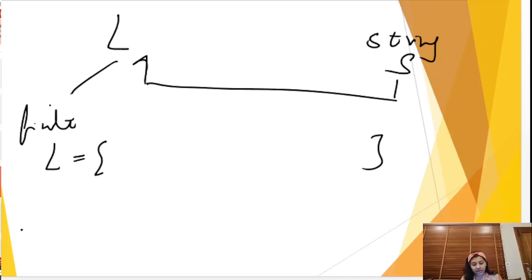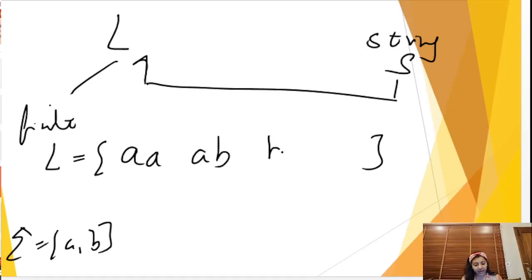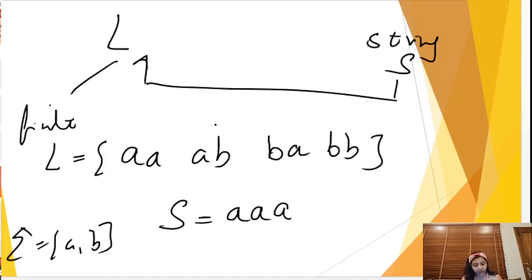Suppose we take the alphabet as A, B. If I have to write the language of all strings of length 2 over this alphabet, I can have AA, AB, BA, BB. All these strings are of length 2. Now let's say I present a string AAA to this language L. Is this string valid?